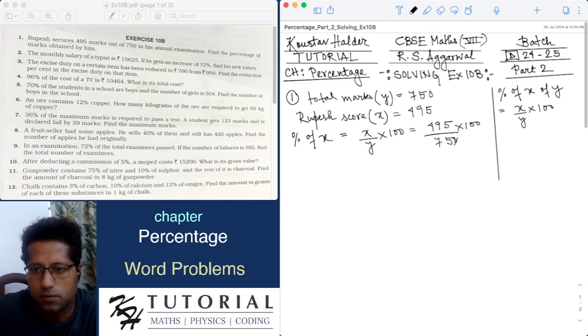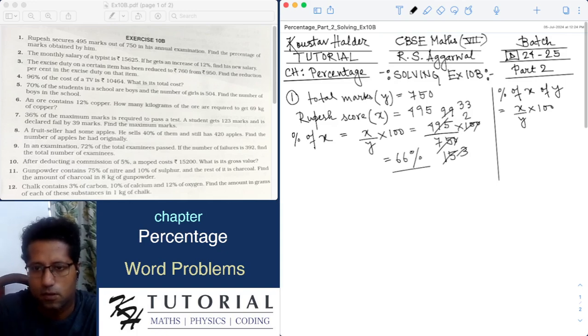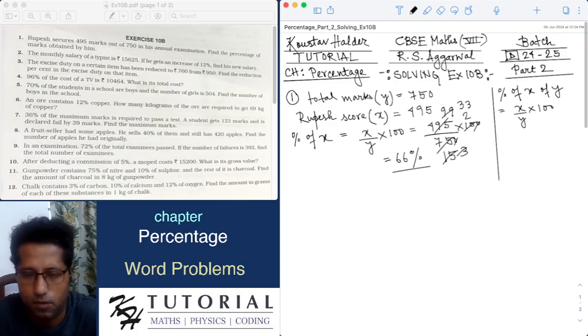Now this simplifies to, dividing 750 by 15 and so on, so this is 66%. So the marks of 495 out of 750 is 66 percent.